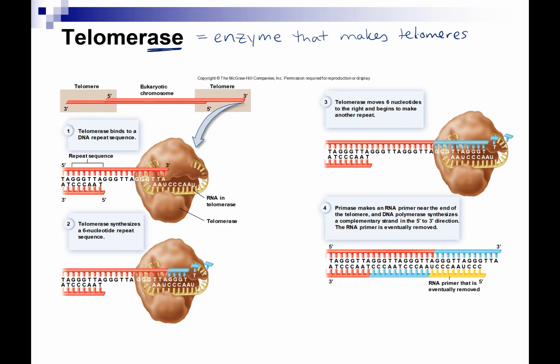And what this enzyme does is it uses an RNA template, and it adds on some DNA to the ends of the chromosome. So you can kind of see this. Telomerase synthesizes this nucleotide repeat region, okay, and it adds hundreds of nucleotides to the end of the DNA chromosome.